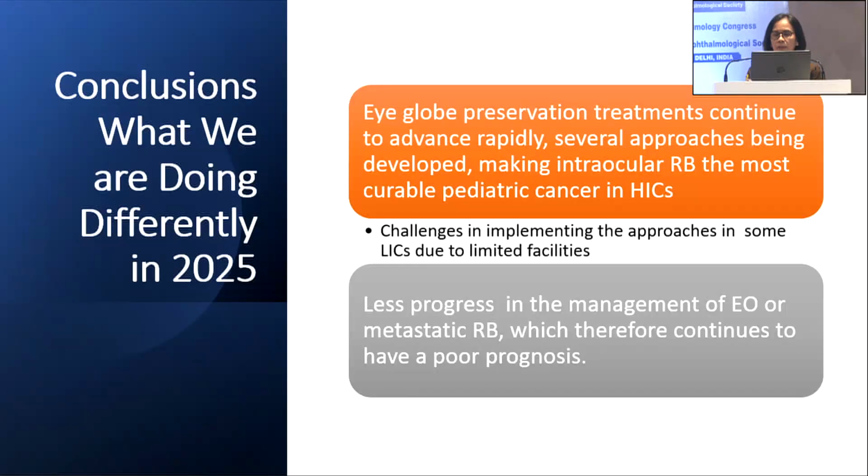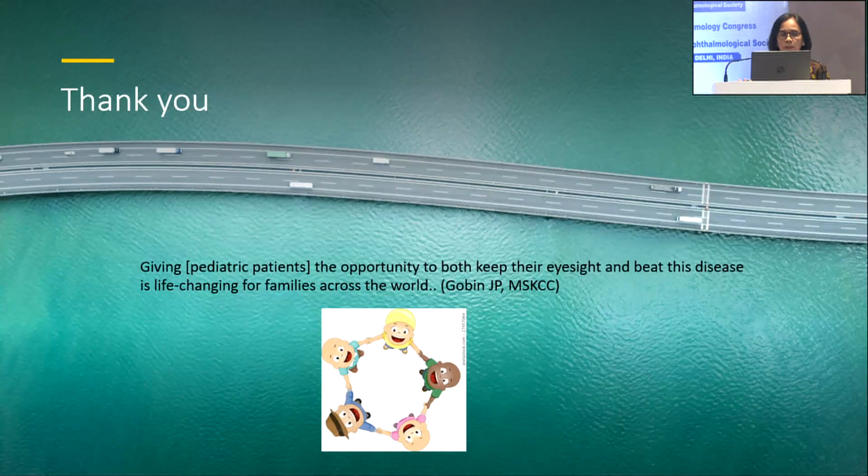Challenges in implementing these new approaches are still there due to limited facilities. Conclusion number 2 is less progress in the management of extraocular or metastatic RB; this group of RB still has a poor prognosis. Thank you.